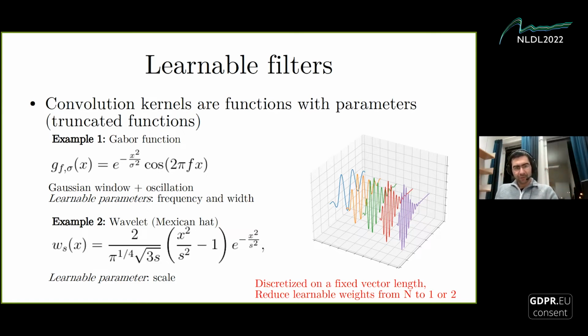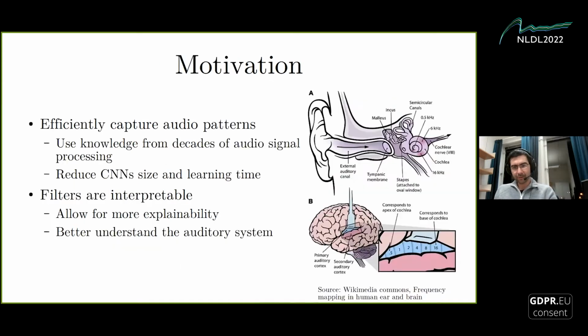For this one, s is the parameter you want to learn, and s is the scale. When you change s, it shrinks the wavelet or expands it. So this actually is a single-parameter learning.